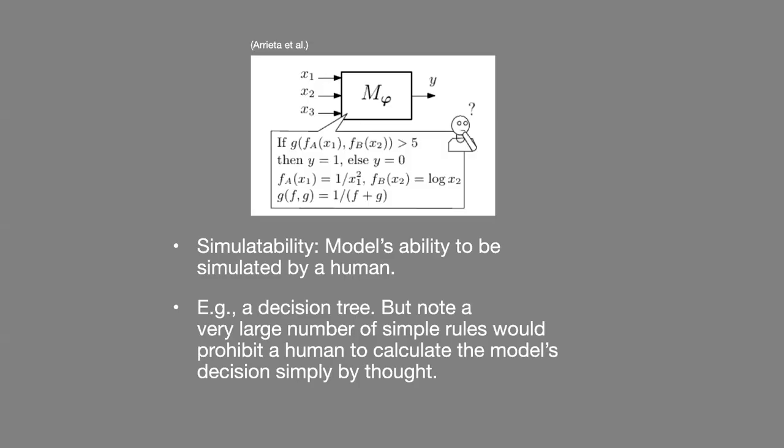So the first one is that you're able to simulate it, okay? I will use the example of a decision tree for all of these characteristics. What this means is that you can really think about the model's internal reasoning in your head, right? A classic example is if you have a decision tree that is deciding whether you should take an umbrella.